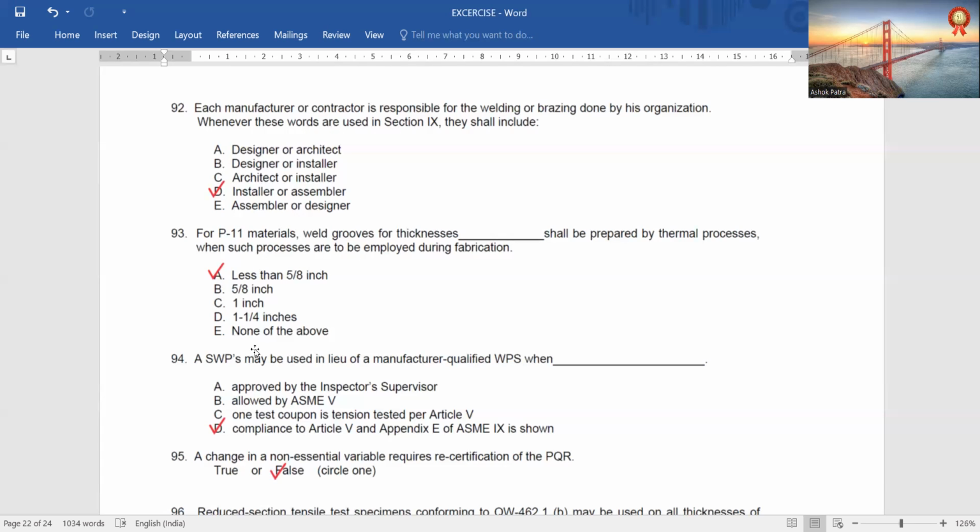An SWPS may be used in lieu of a manufacturer-qualified WPS when compliance to Article 5, Appendix E, ASME Section 9 is shown.